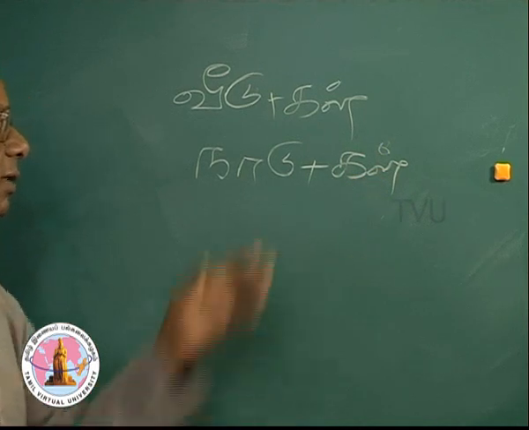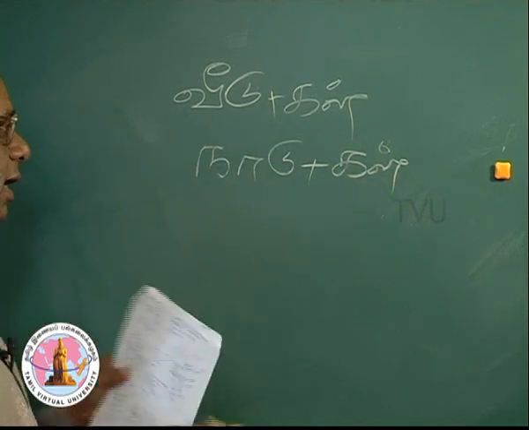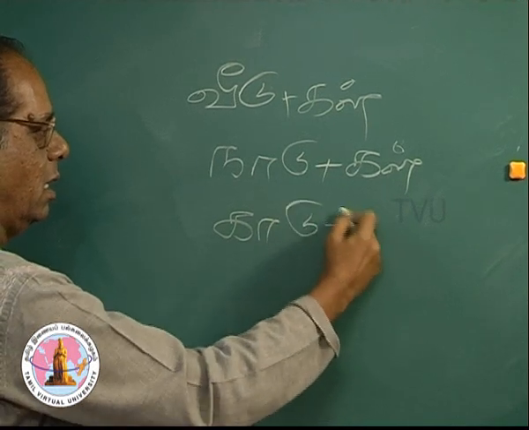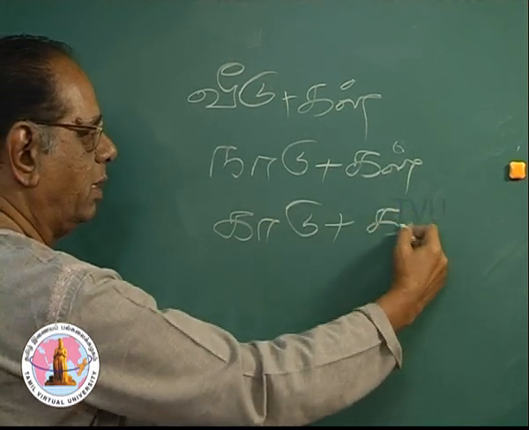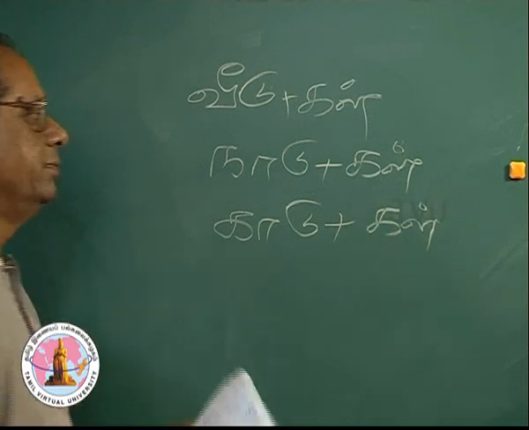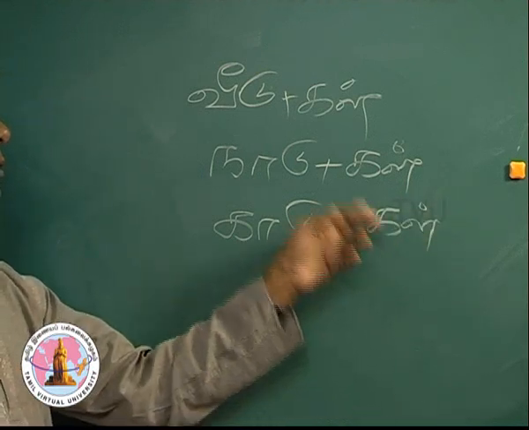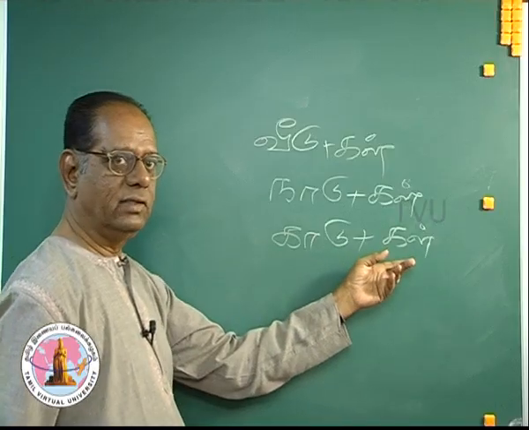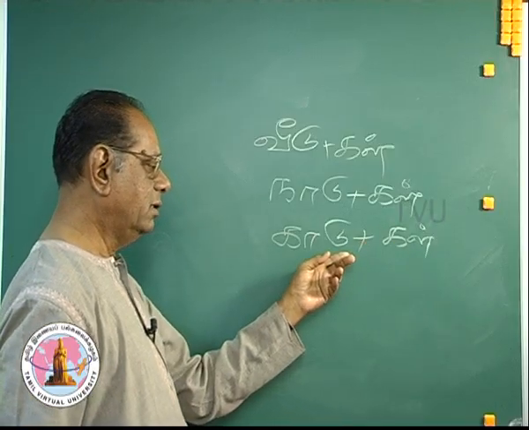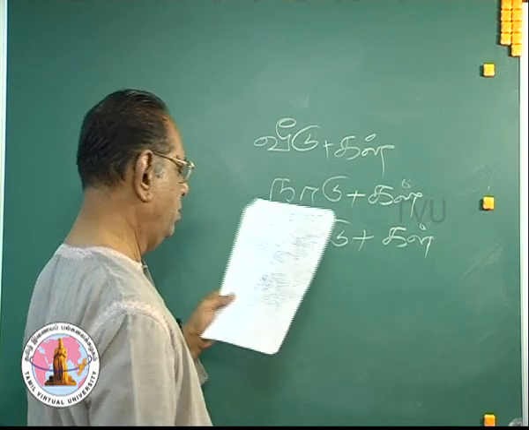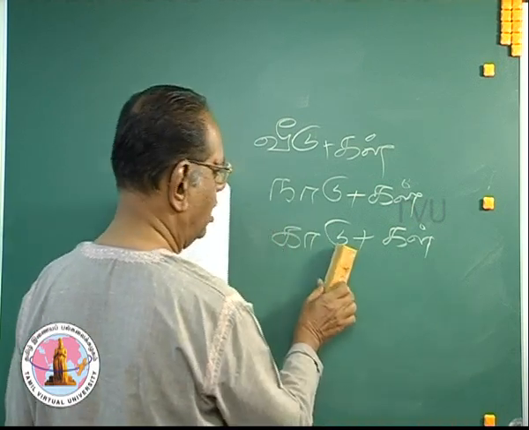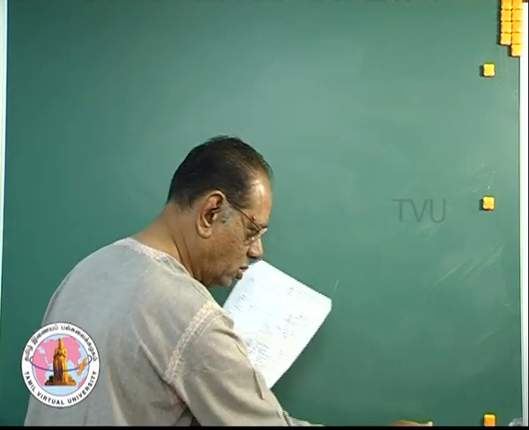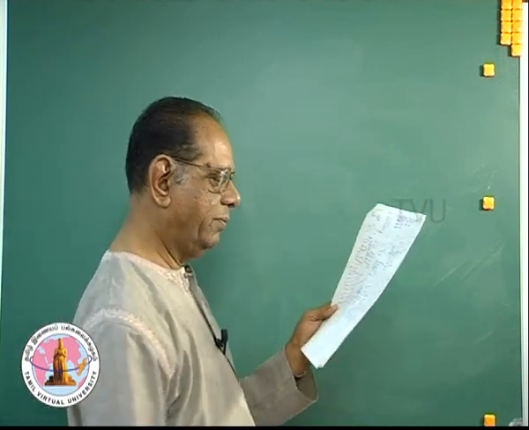And we have seen another word along with these earlier, that is காடு plus கள், காடுகள். Whether it is வீடுகள், நாடுகள் or காடுகள், the suffix is applied easily and the combination does not undergo any change either in pronunciation or in writing.